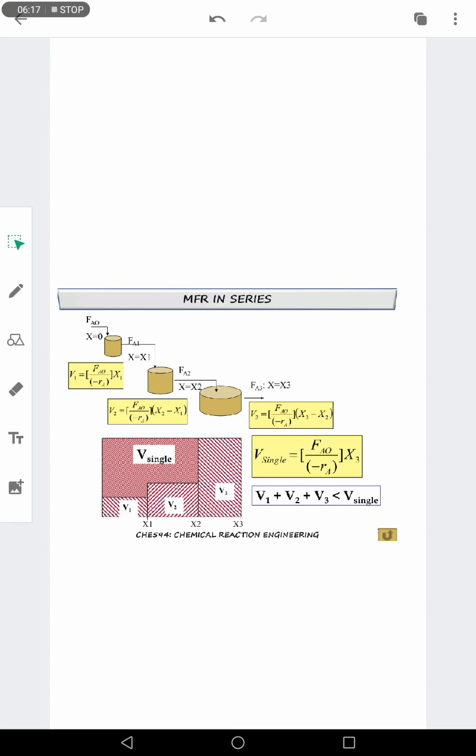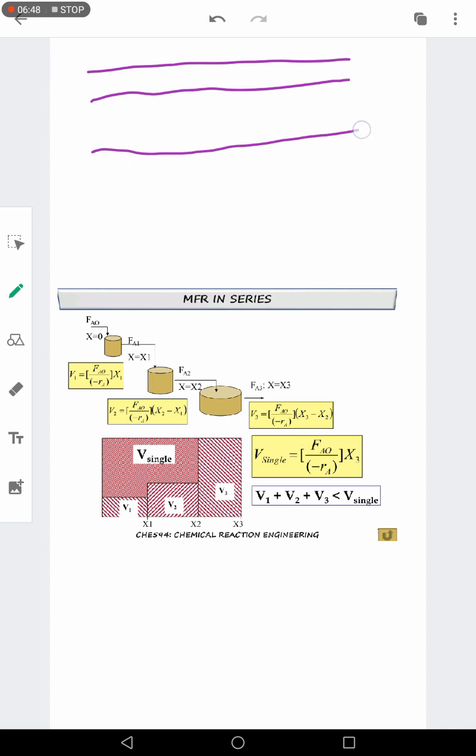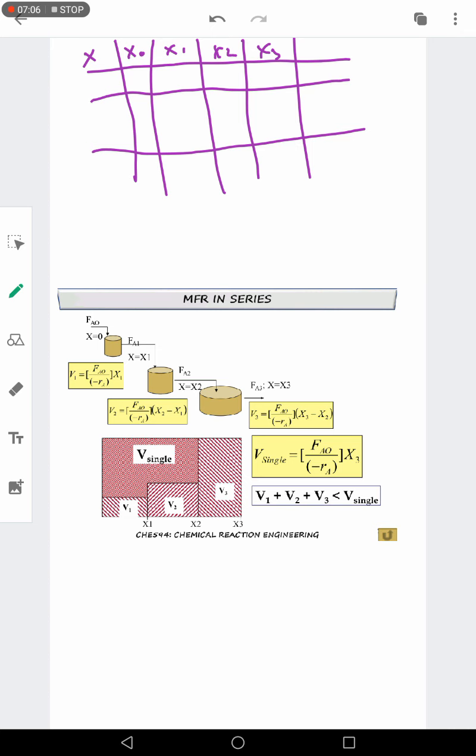So let's say for example we have X, with X0, X1, X3, etc. Let's say FA0 over negative RA at a certain X has its value.